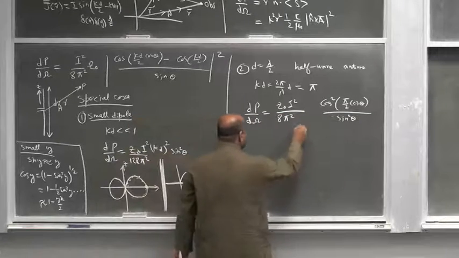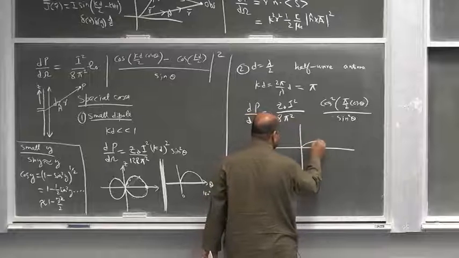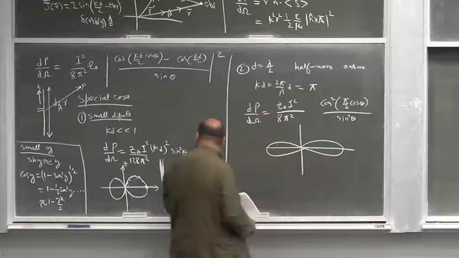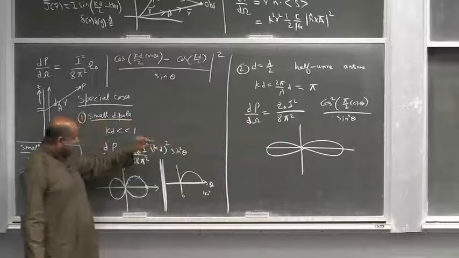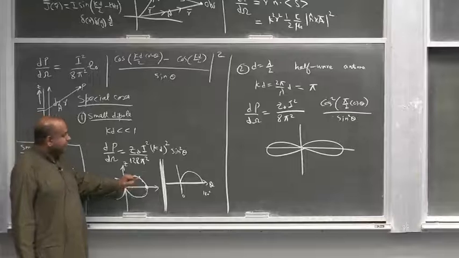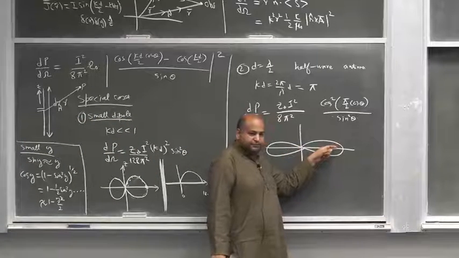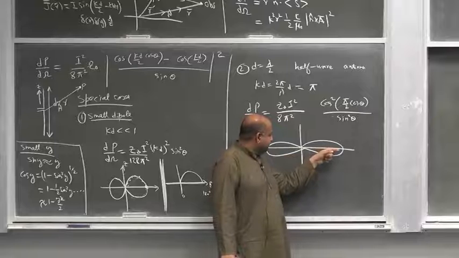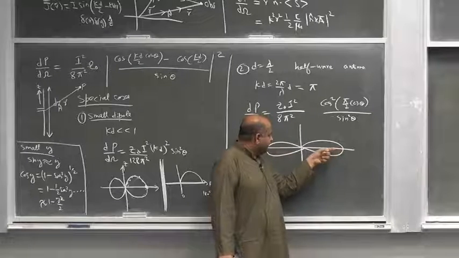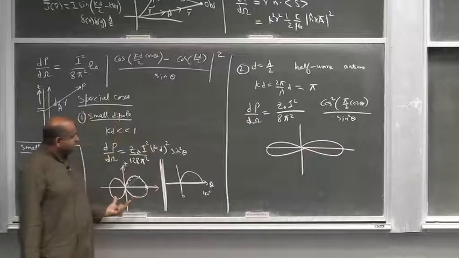And the polar plot for this function is like this. These balloons become thinner, which means that the power radiated in this direction is now much more relative to the other directions than this case.